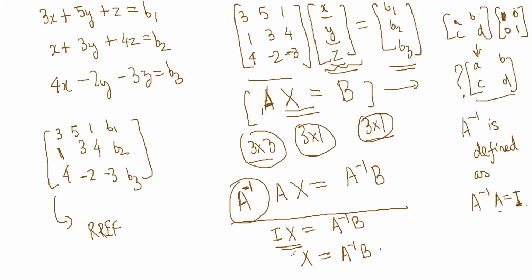So you are solving the equation by multiplying with a matrix A inverse, which is such that it cancels off the operation of this A matrix. So A inverse into A is going to be equal to I. So the answer will be A inverse into B. Solution of this equation is A inverse into B.